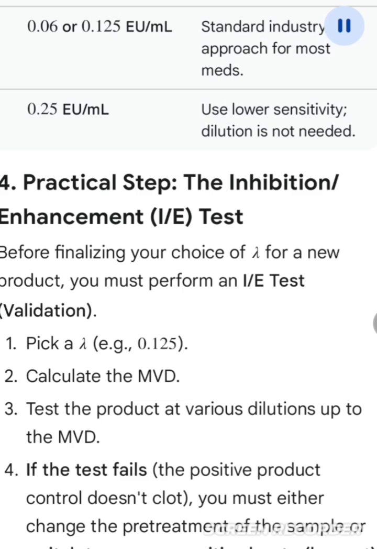Calculate the MVD. 3. Test the product at various dilutions up to the MVD. 4. If the test fails, the positive product control doesn't clot, you must either change the pre-treatment of the sample or switch to a more sensitive lysate, lower lambda, to allow for further dilution.